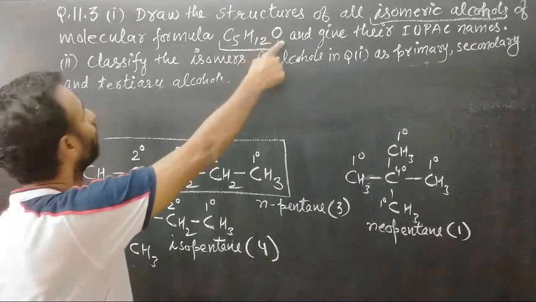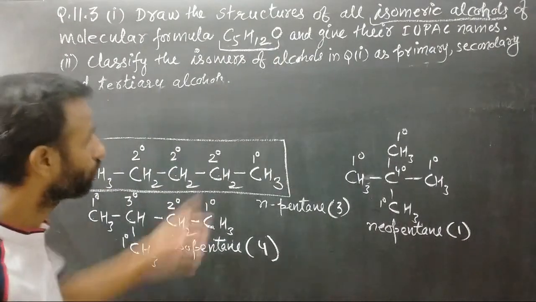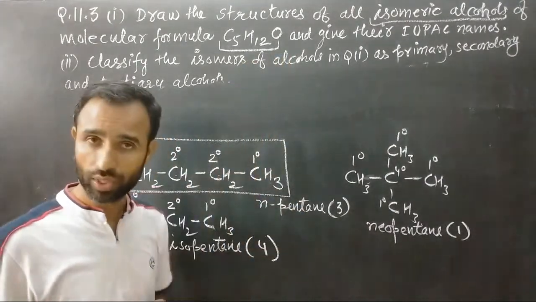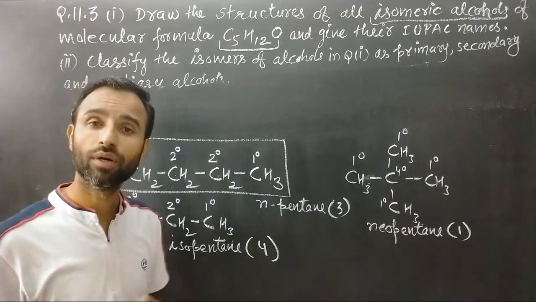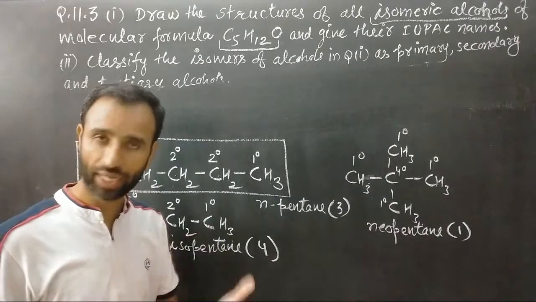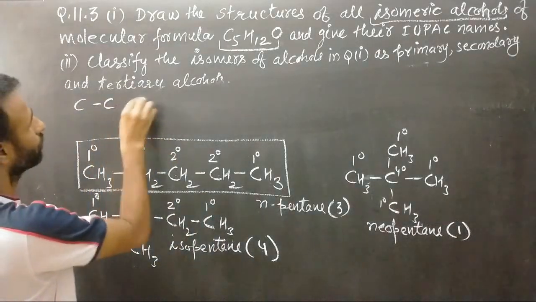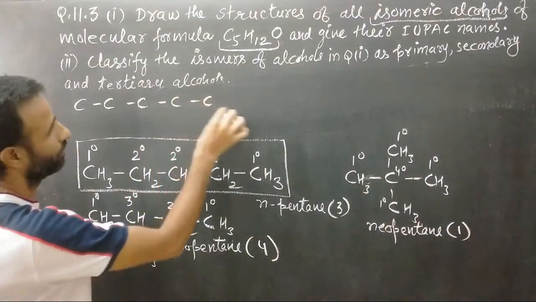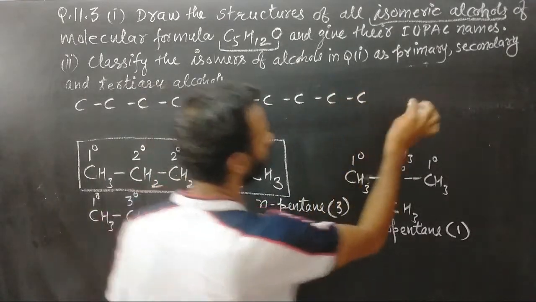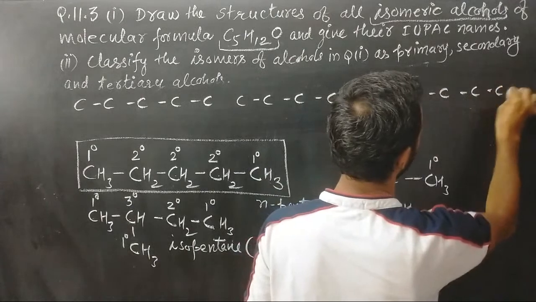C5H12O molecular formula. So first we go to the basics of C5H12O, an isomer of pentane. It is obtained from pentane, and from normal pentane we get 1, 2, 3, 4, 5.